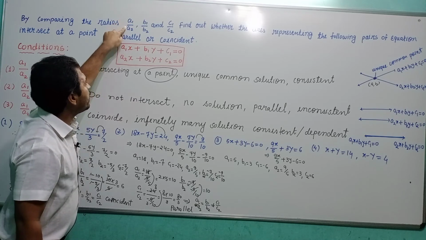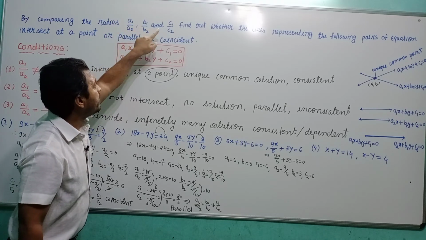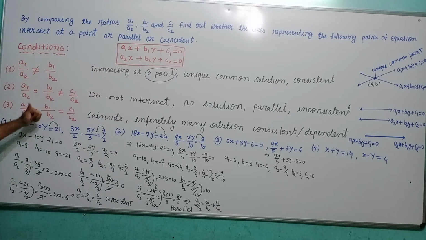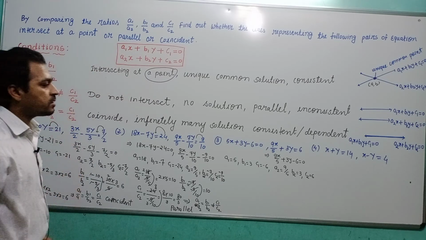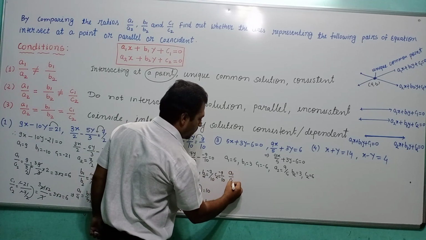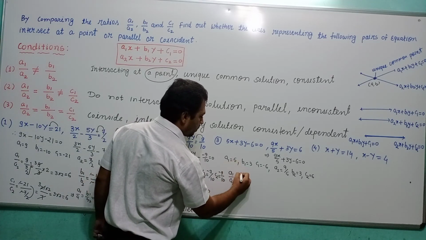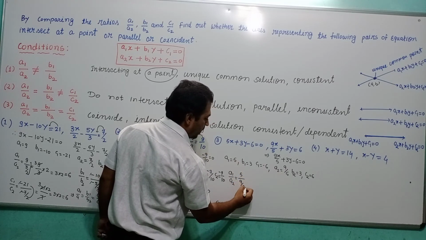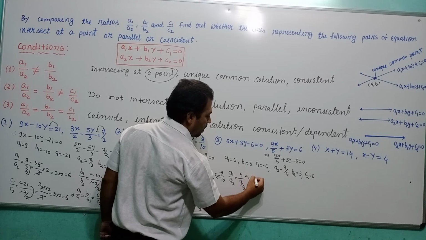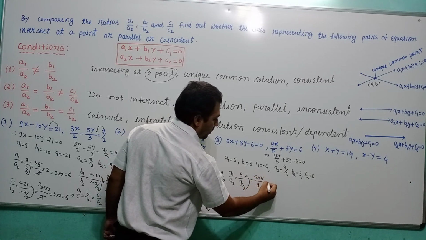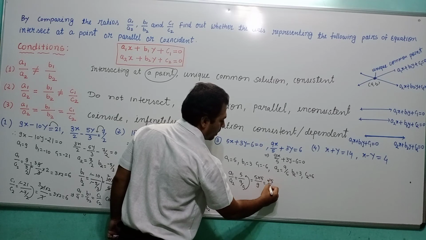Okay students, now as per the condition, we will find a1 by a2, b1 by b2 and c1 by c2, and we will check which condition is satisfied by these ratios. So a1 by a2, a1 is 5, a2 is 9 by 5, it moves to the numerator, so 5 into 5 by 9, we are getting 25 by 9.